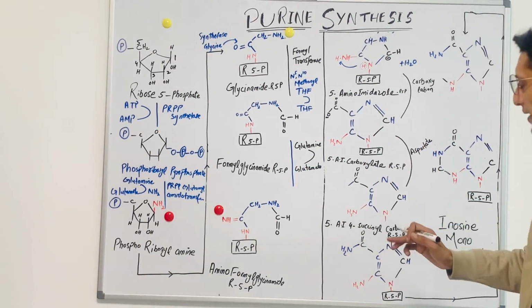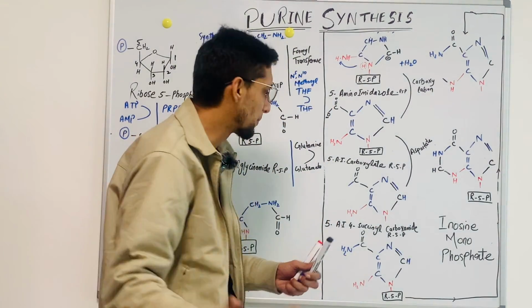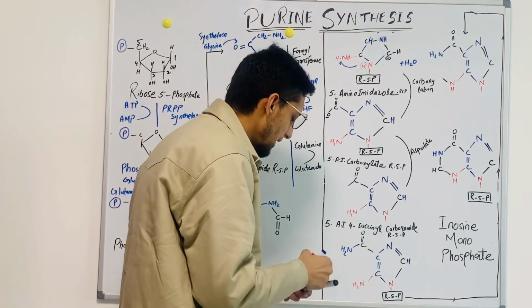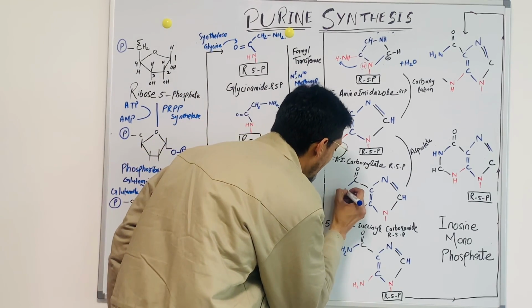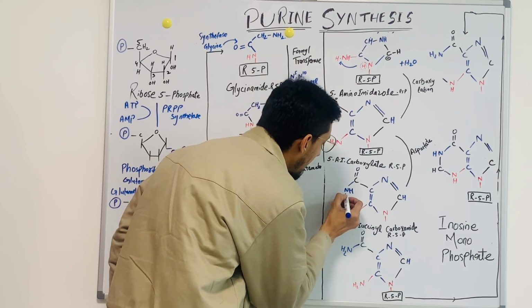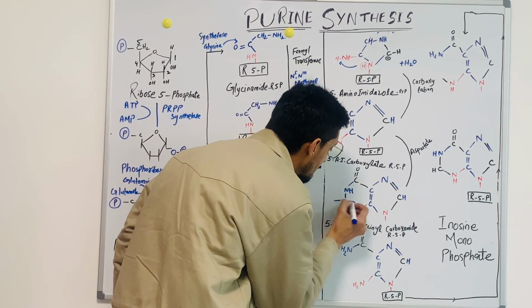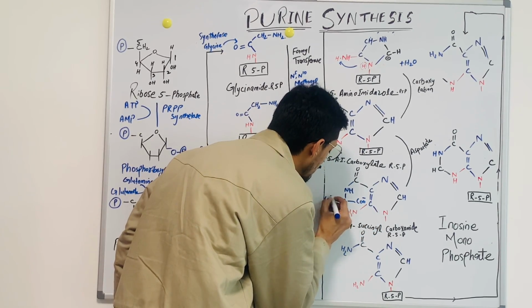The whole aspartate will get attached here. I'm not going to write the whole formula of aspartate to avoid confusing you, but just the amine portion gets attached here, and at the alpha carbon at one end there is C double bond O negative, that is a carboxylic group, another C bond O negative.